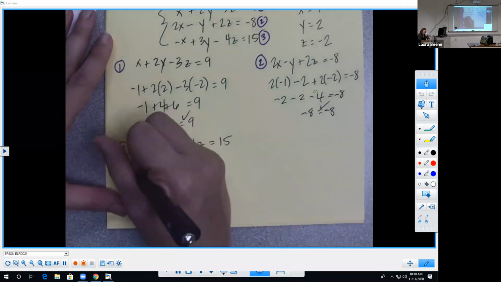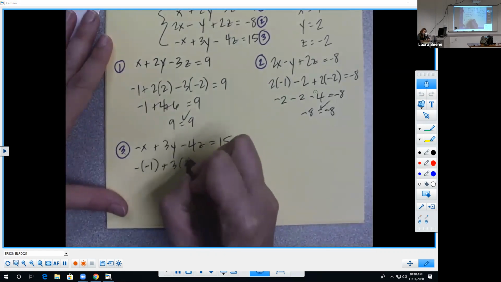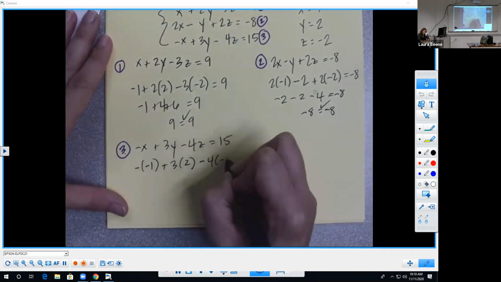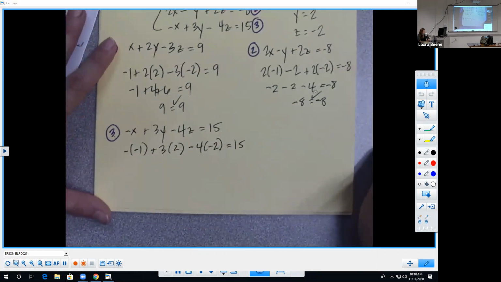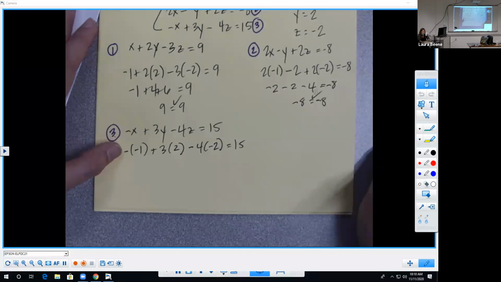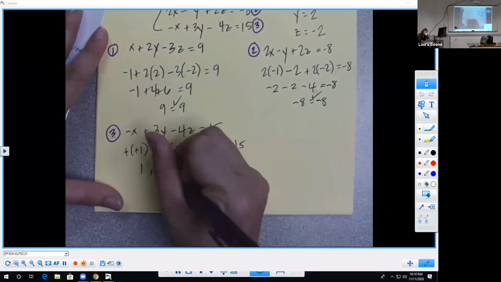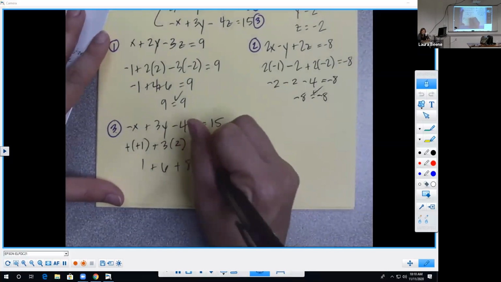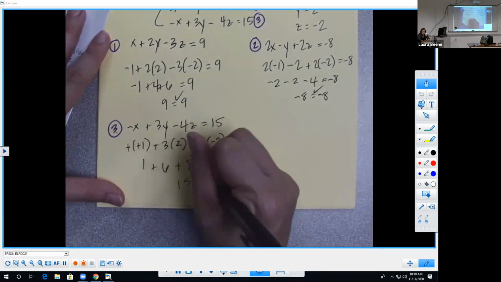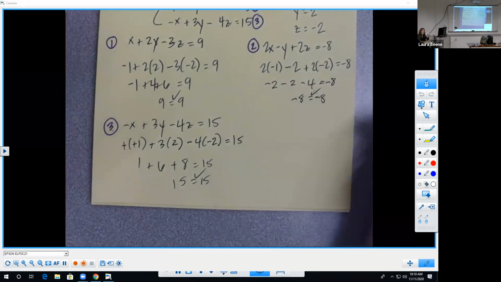So -x, that would be -(-1), plus 3 times 2 minus 4 times -2, trying to get to 15. -(-1) is +1, plus 6 plus 8, and 15 does equal 15. So it is a solution, and we showed that by plugging it into all of the equations.